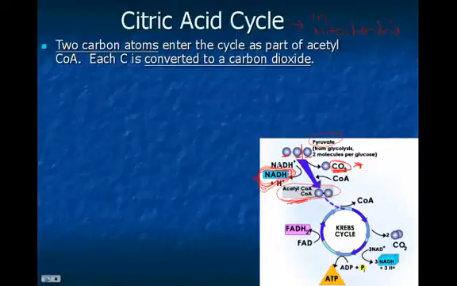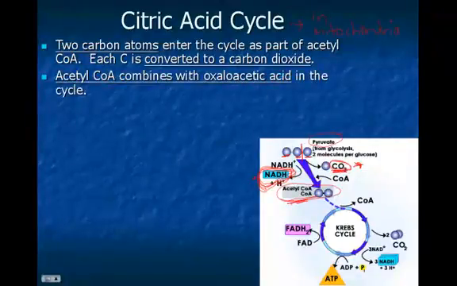So again, that first step of the citric acid cycle is where we have acetyl-CoA here. And acetyl-CoA is actually going to combine with a molecule called oxaloacetate in the Krebs cycle, and that oxaloacetate is constantly recycled.